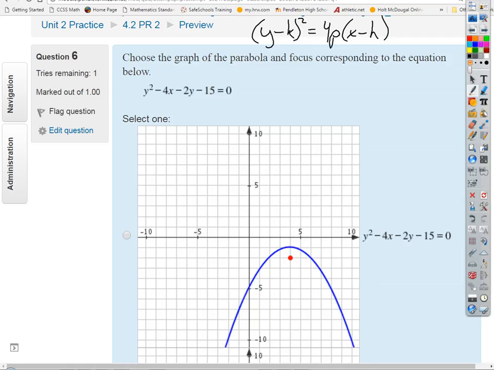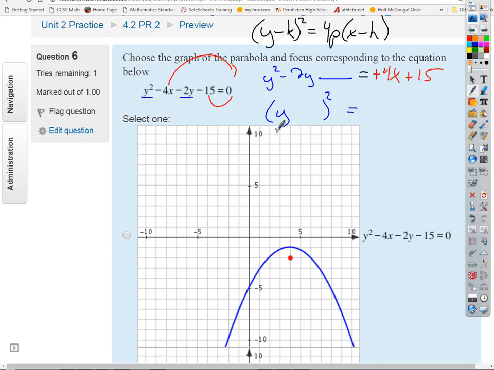So you told me we're going to collect the y terms on one side, right? So y squared minus 2y equals, now we've got to add 4x to that side, and we've got to add 15 to that side, right? And so we're going to complete the square. So what is that going to factor into?